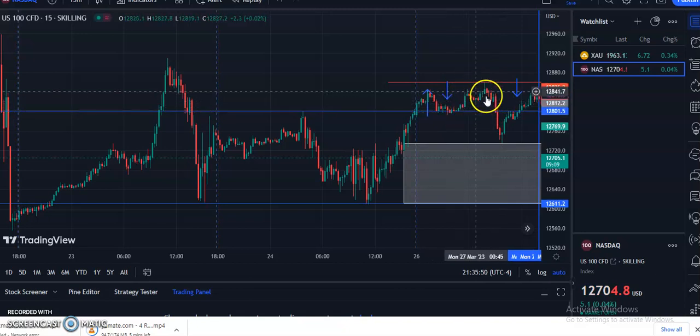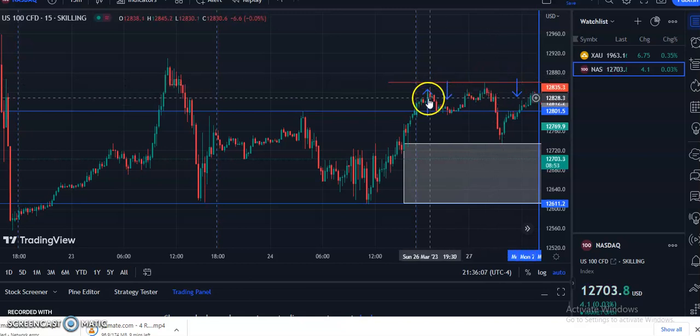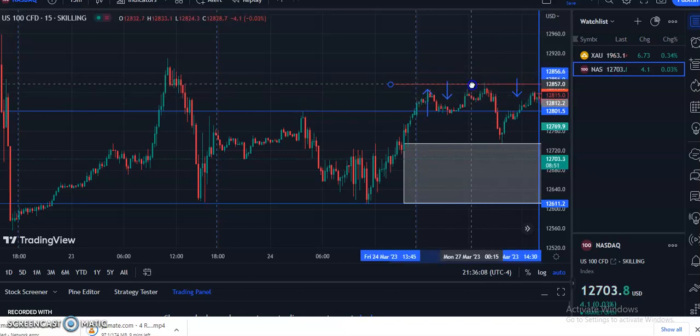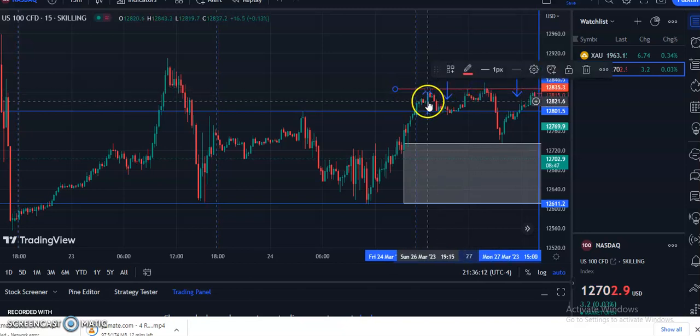They try to move higher, but there seems to be a very strong resistance. Yeah, resistance. Let me call it resistance. But there are a lot of sellers up here. So when you look at Asia, they set the high of the day in Asia.